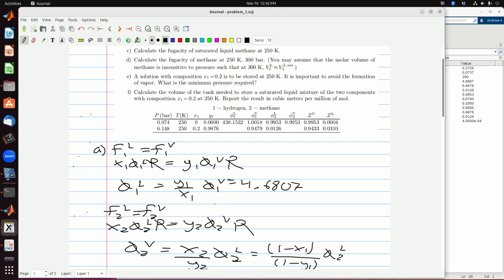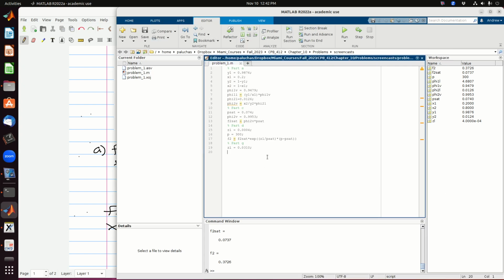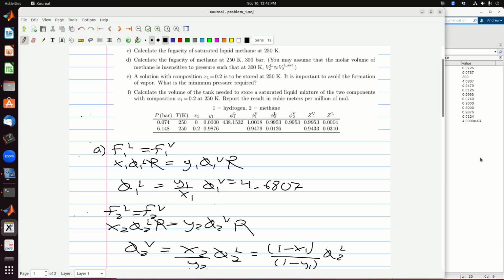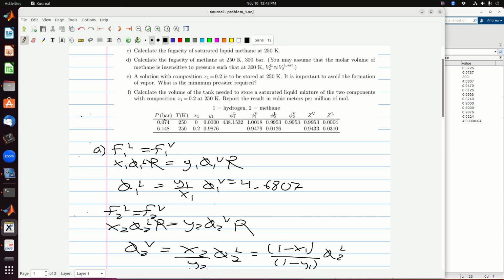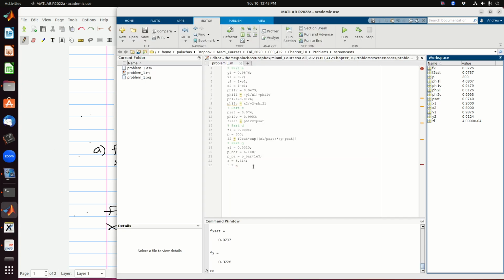Then I have P in bars, which is 6.148. So P in pascals is going to be P in bars times 1e5. Bam. R, the only R I can remember is 8.314. And then my temperature, which is in Kelvin, is going to be equal to 250.